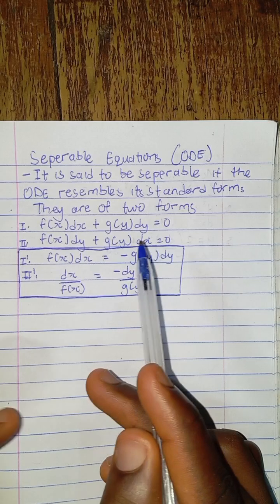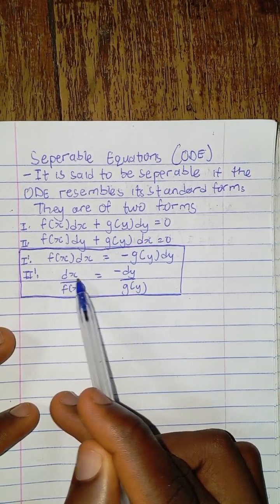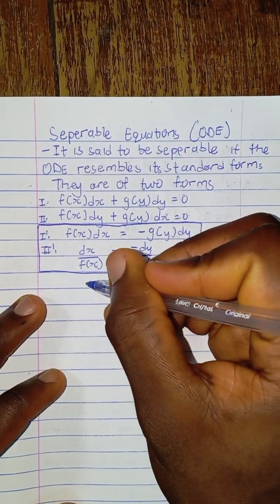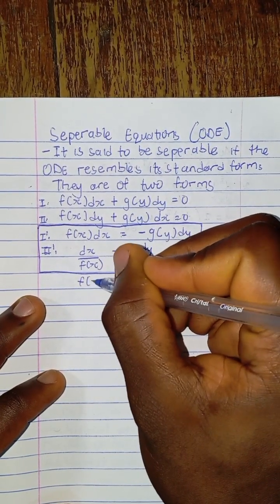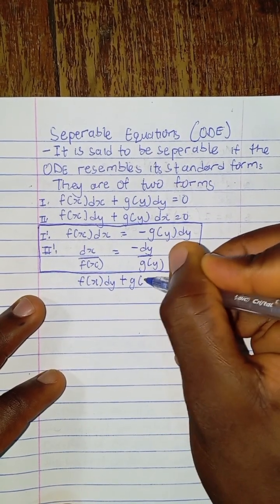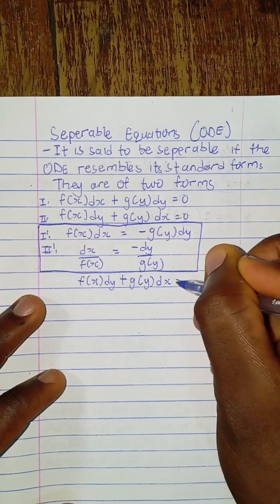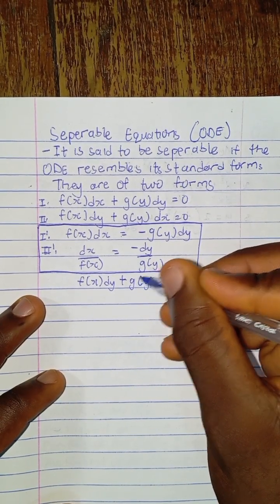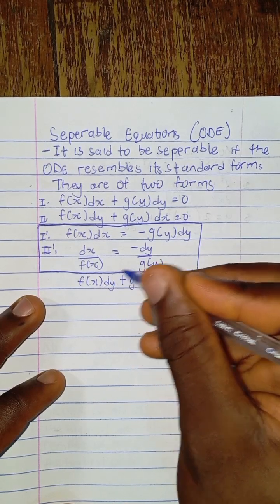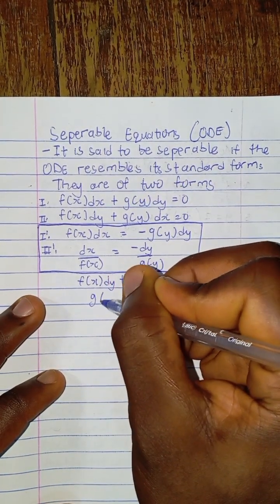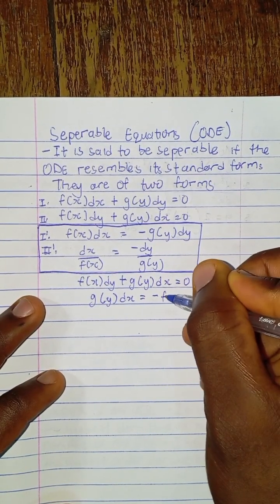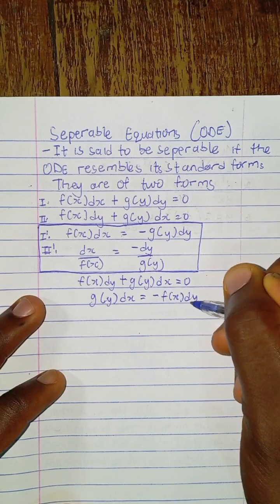In case you might not understand what happened here, for this one we have f of x dy plus g of y dx is equal to 0. When you take f of x dy to the other side, we have g of y dx is equal to minus f of x dy.